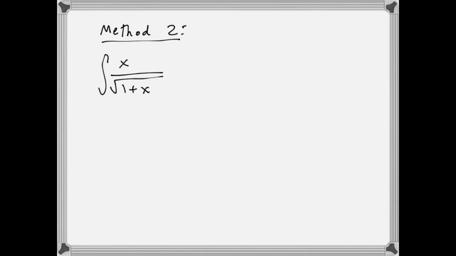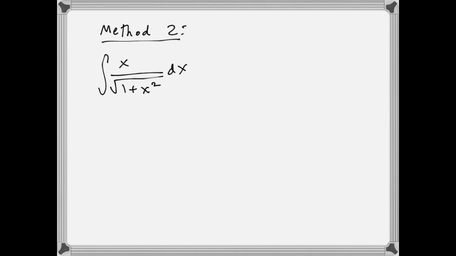Remember, this will be our method 2. The integral was x over the square root of 1 plus x squared dx. So if you showed this to a Calc 1 student, they might say, wait a minute, can't I just do a u sub and let u equal what's in the radical?